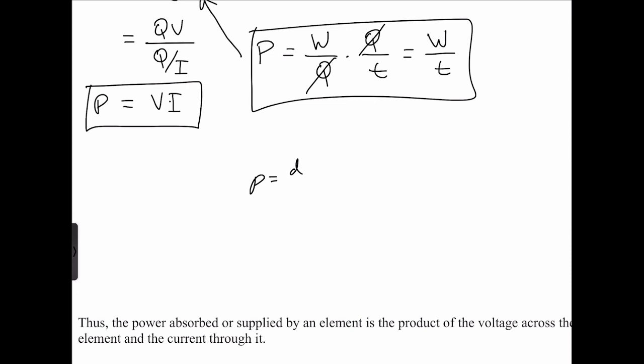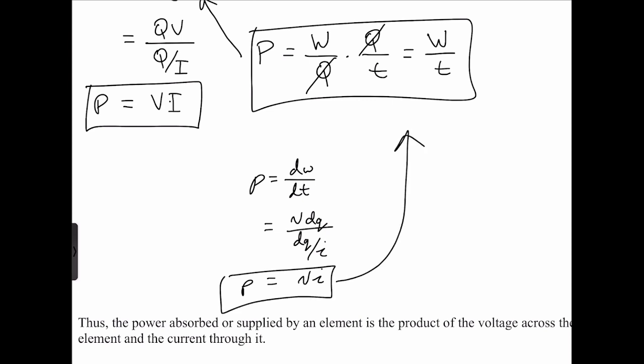P is equal to the differential of W, which is work, over differential time, and that is equal to V dQ. And this is the differential of Q over dt, which is equal to V times I. And it checks if we do it the same way as we have done the DC form.